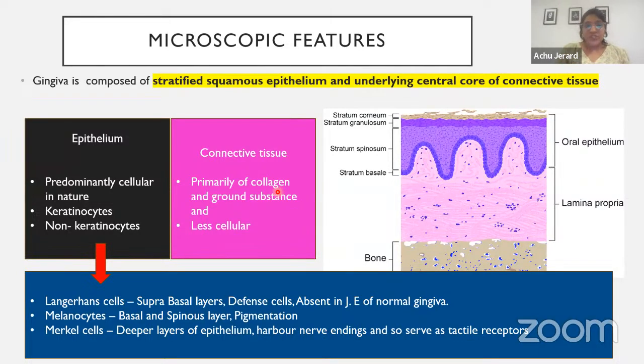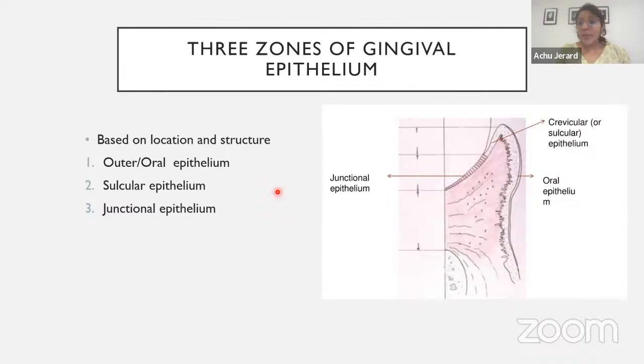When we speak about the microscopic features of epithelium, we need to know about the keratinization, mainly the degree of keratinization pertaining to each of these different types of epithelium. The gingival epithelium itself can be divided into different types based on the degree of keratinization or their location. First, you have the outer epithelium, which is from the gingival crest, the marginal crest, till the alveolar mucosa.